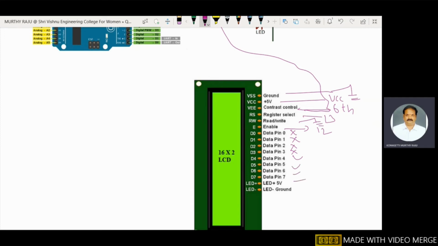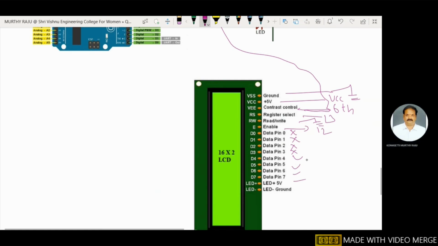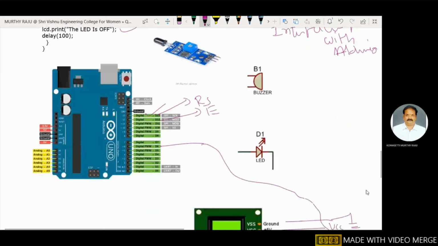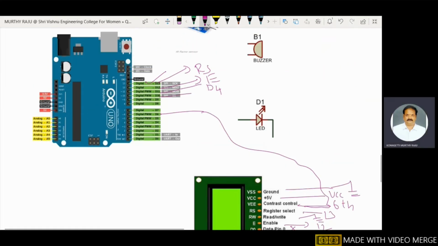Data pins 4, 5, 6, 7 are used. The 11th pin is meant for D4, the 10th pin is meant for D5, the 9th pin is meant for D6, and the 8th pin is meant for D7.